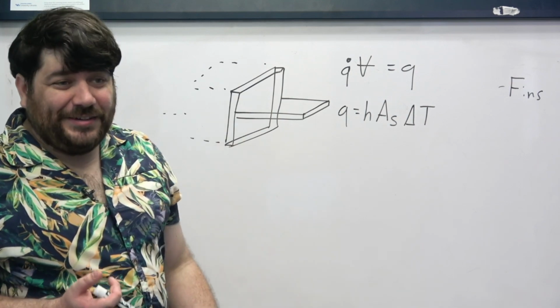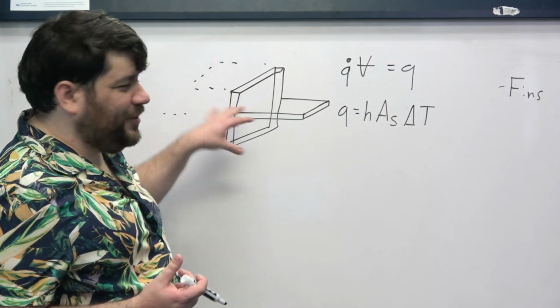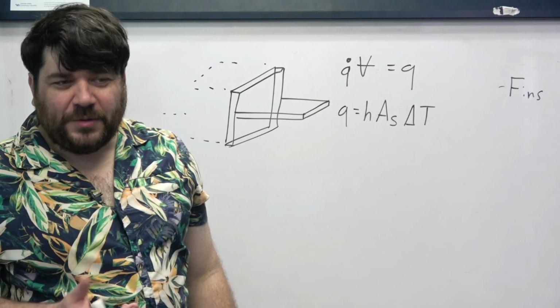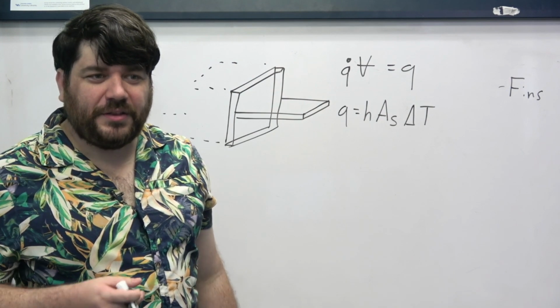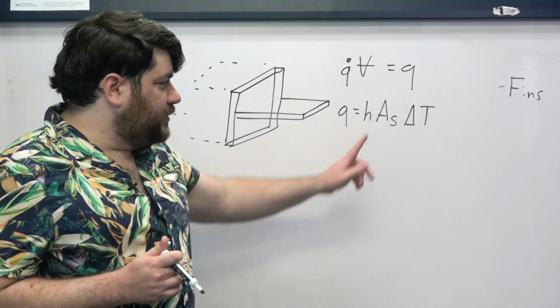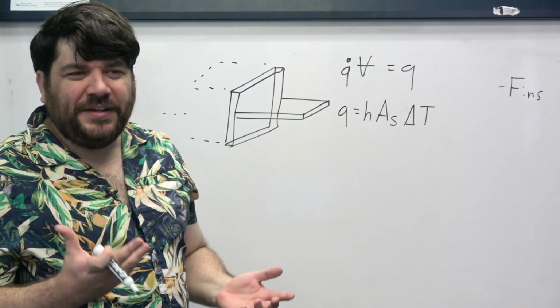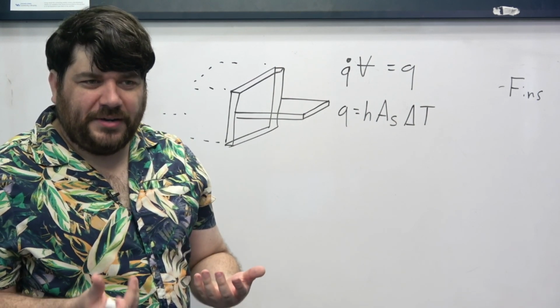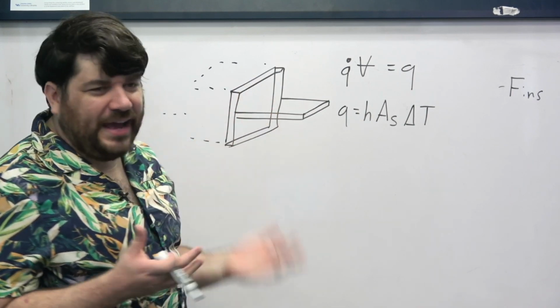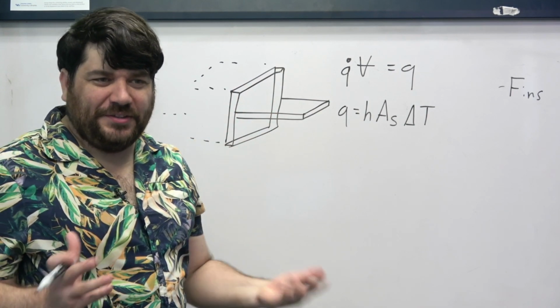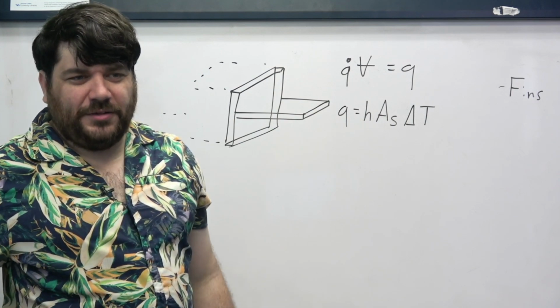Now, adding something like this from such a simplistic perspective seems like an easy win. But we also have to consider that the moment we start messing around with the geometry of the system, we're also going to start messing around with a bunch of other things. For example, the H is understandably going to change. Remember that the H contains all of the physics we don't know about. And so you would expect that if you add a fin to a geometry, the H is going to change.